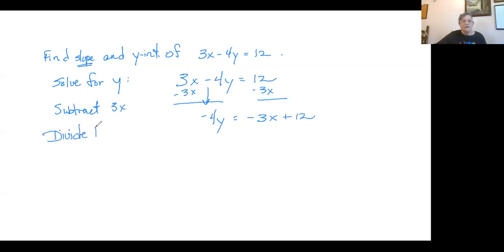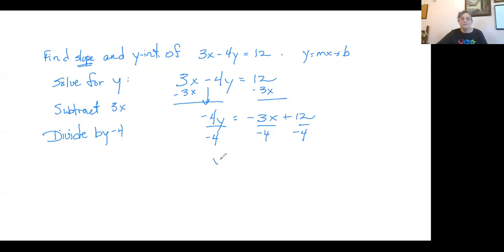And then we want to divide by the -4. Now go ahead and do this separately. Go over -4, over -4, over -4, because we know we're trying to get it in the form y equals mx plus b. There's alternative ways to find the y-intercept, but not really to find the slope.